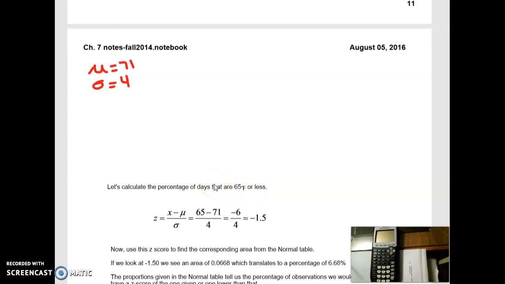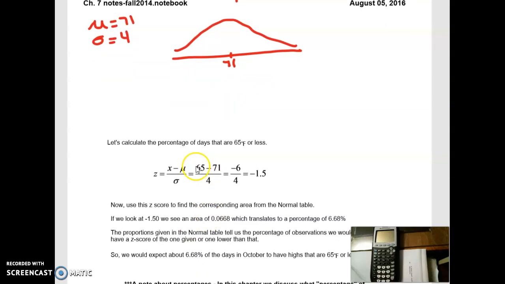The first thing I would do here is maybe sketch the distribution. I'm not very good with this pen, so you'll have to bear with me. 71 is in the middle. I know that 65 is less than 71, so it's going to be over on this side somewhere.